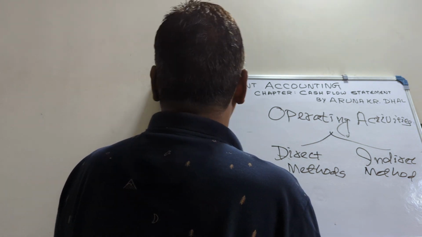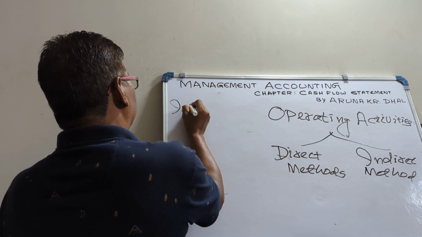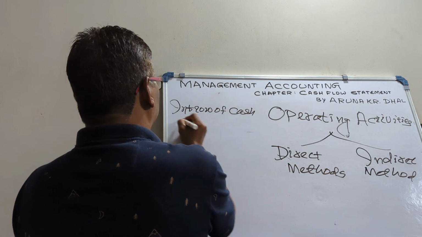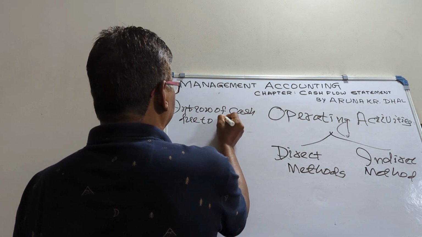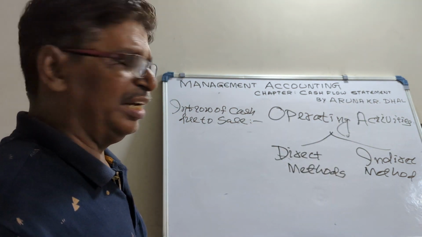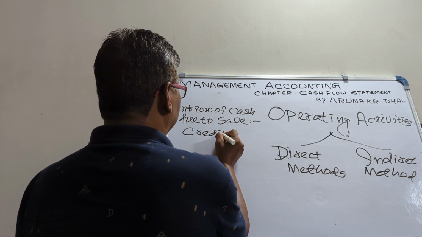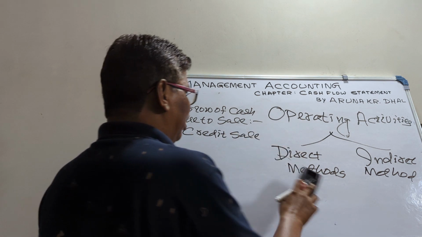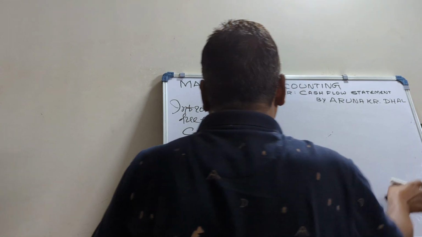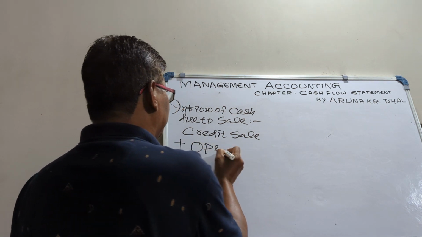In the direct method, we will derive the inflow of cash due to sales. First, if it is a cash sale, directly cash will be generated. If it is a credit sale, then at the beginning of the year there will be an opening stock of receivables.